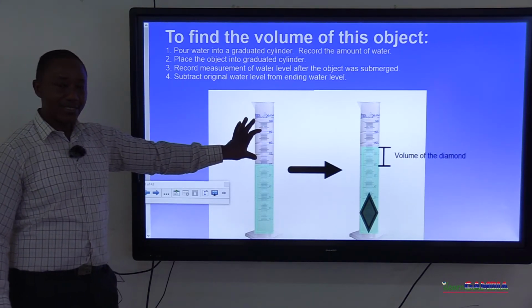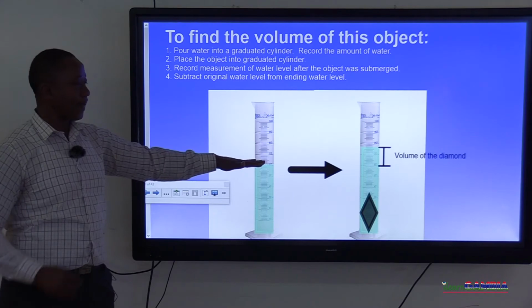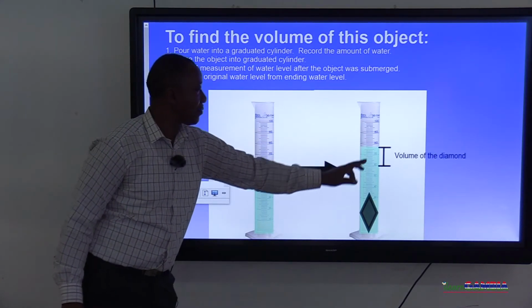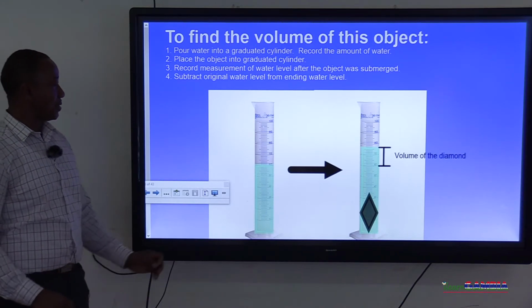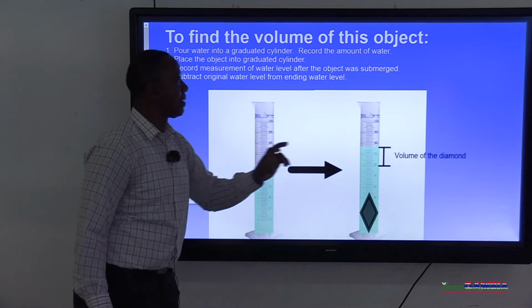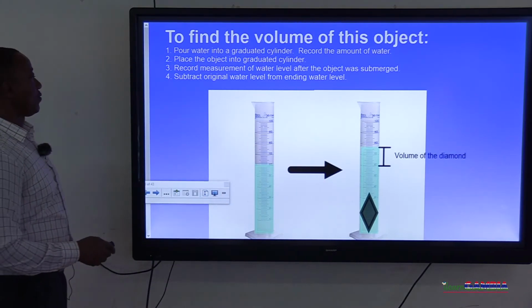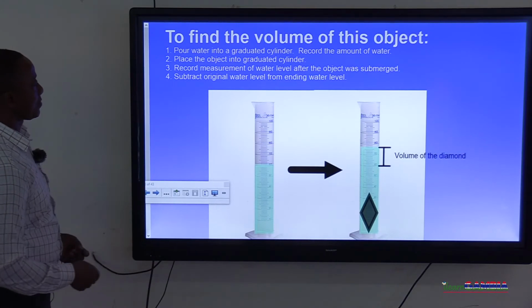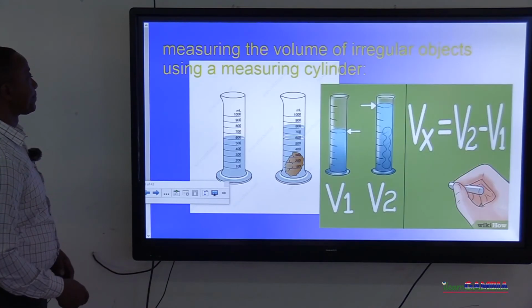First, take a measuring cylinder, put water there. Take note of the volume. Then you place the object, you take note of the second volume. You subtract the first volume from the second volume, and that gives you the volume of the object whose volume you're trying to calculate.